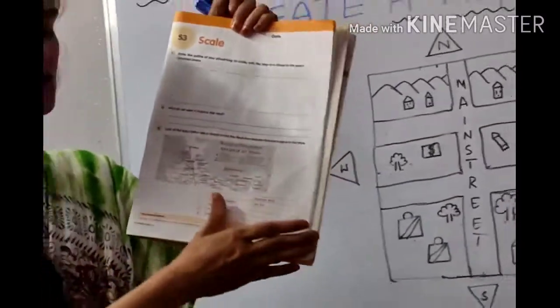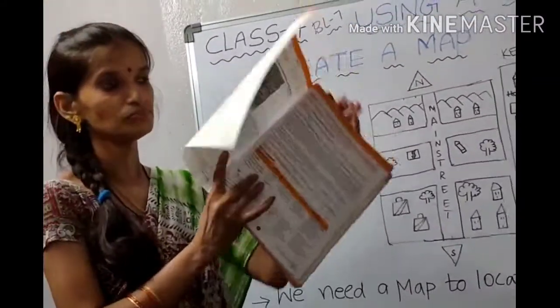So, one I showed, no, here from Delhi to Jaipur. I have measured it, Delhi to Jaipur is 250 kilometers. So, you can write 250 kilometers here. Next, you measure Kanpur and Patna, Delhi and Kanpur. Like this, you do this activity.